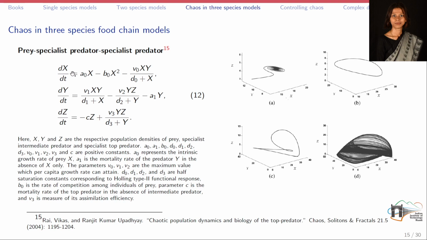So the dynamics of the prey population and the dynamics of the intermediate predator population is exactly the same as in the previous model.